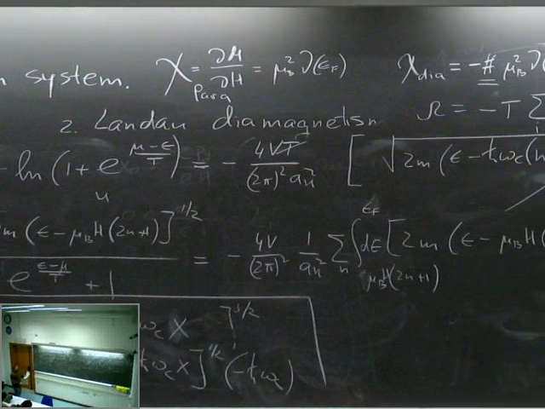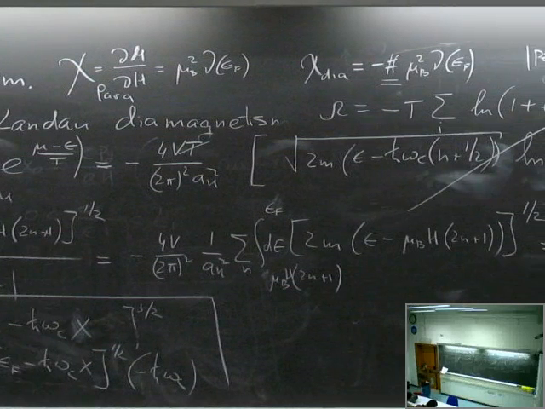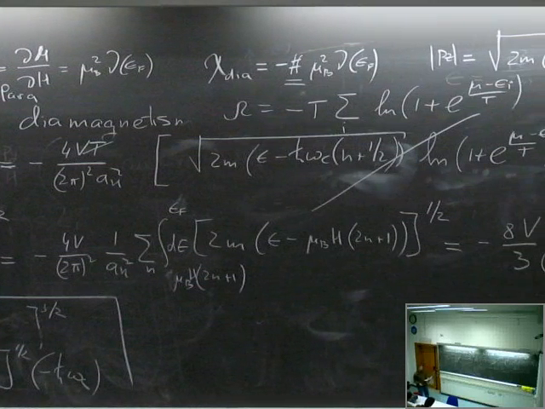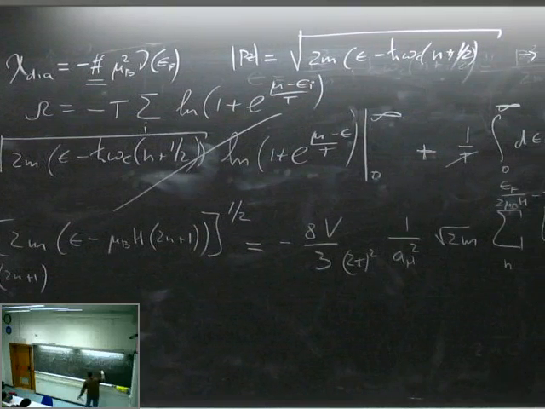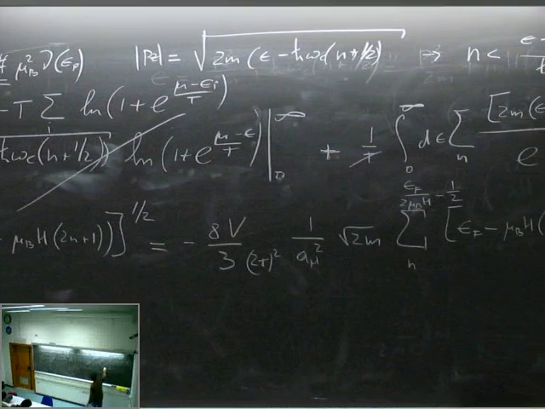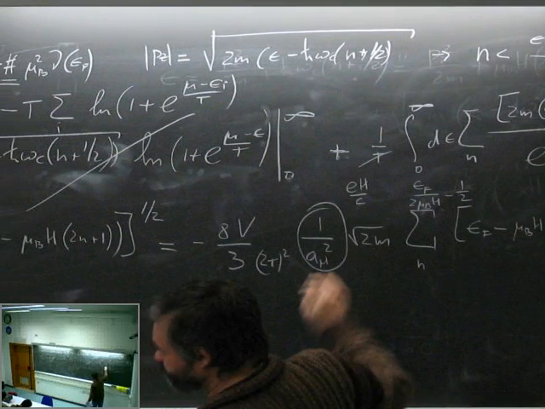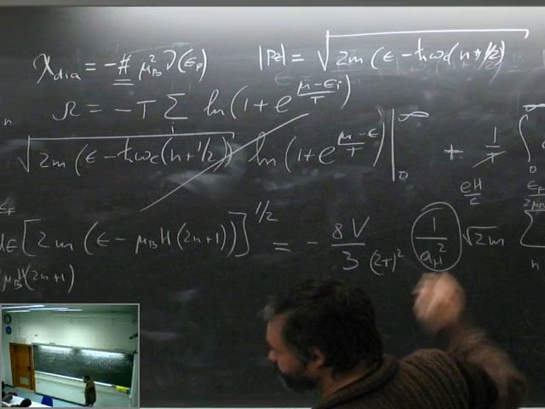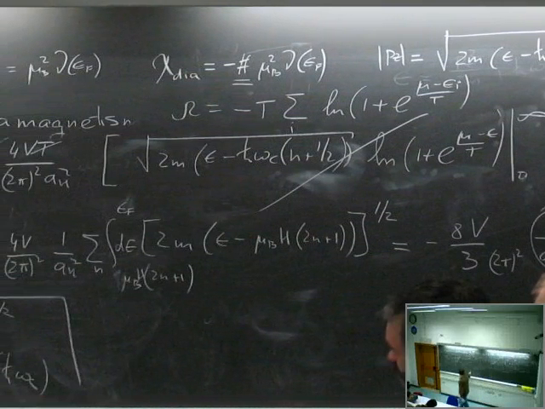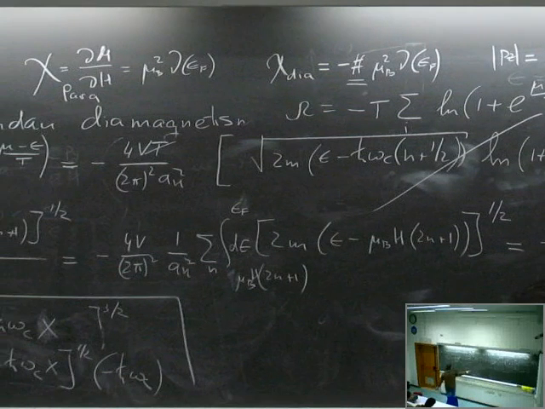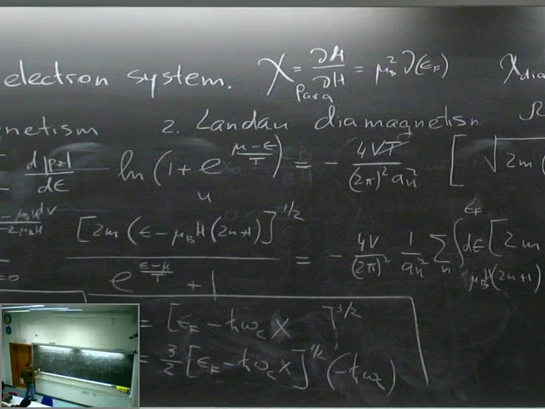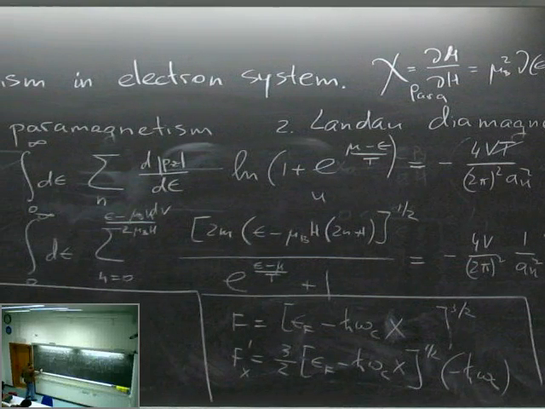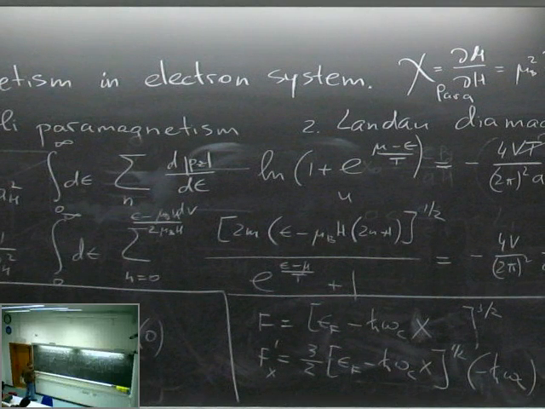So, look, when I replaced summation by the integration, what will I do? Let's look at this multiplier. It is eH over c. So it's proportional to magnetic field. When I replace summation by integration, I will introduce a new dimensionless variable y, which is h omega c x.